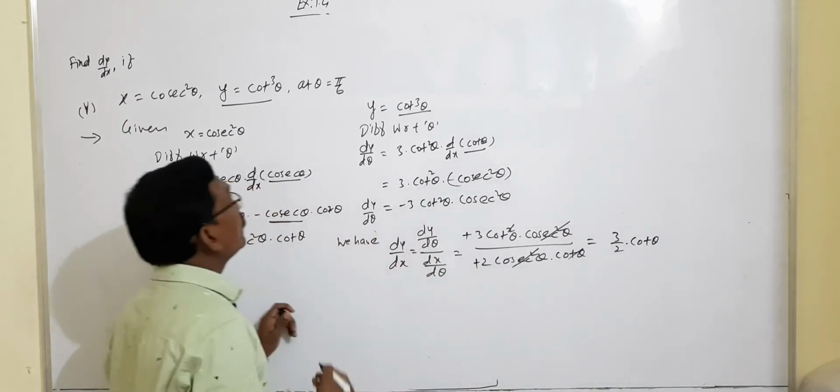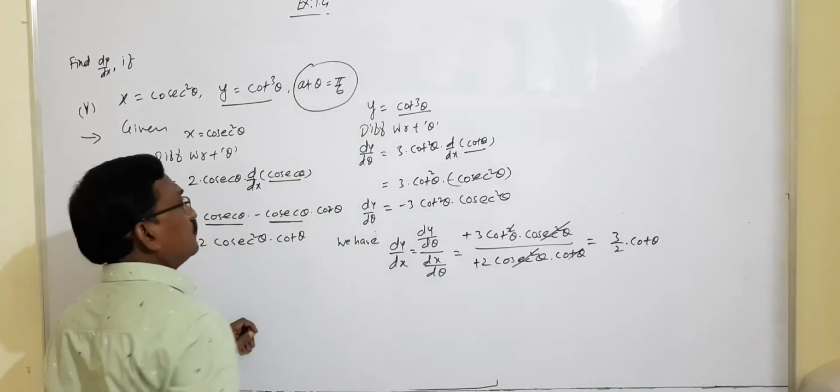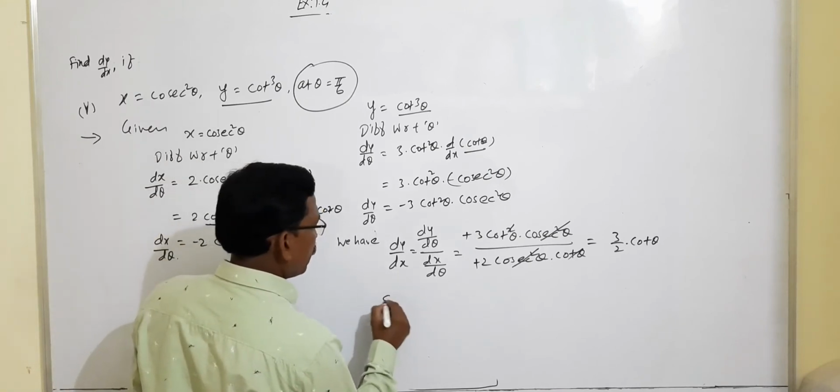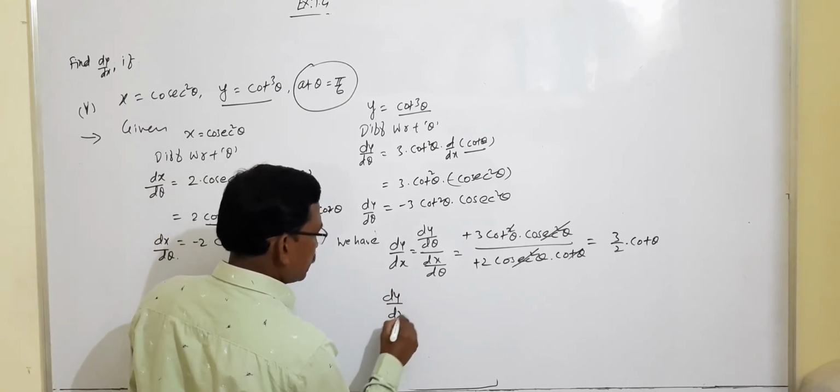Now we find the value of dy by dx at theta equal to pi by 6.